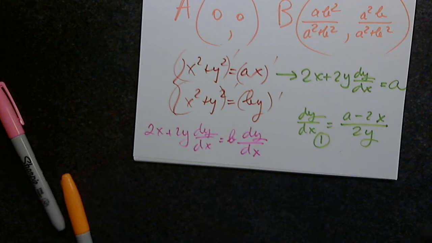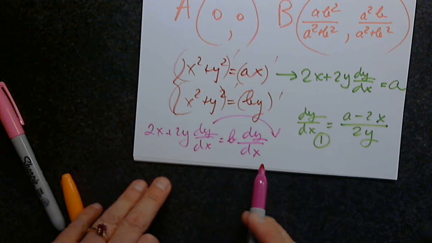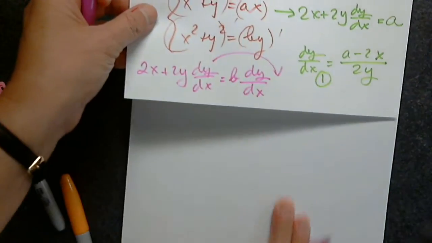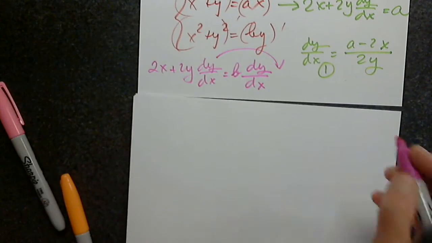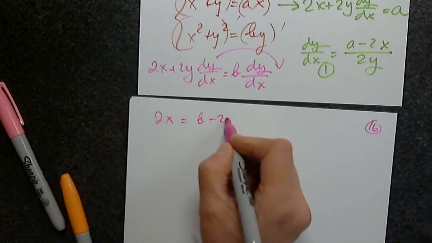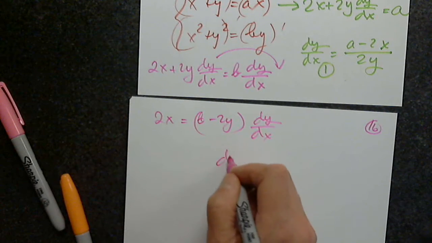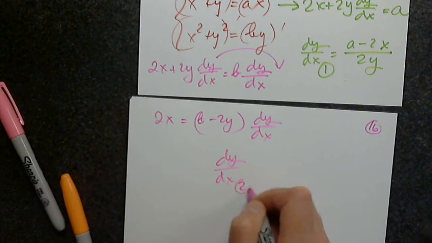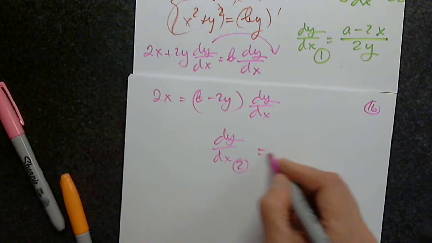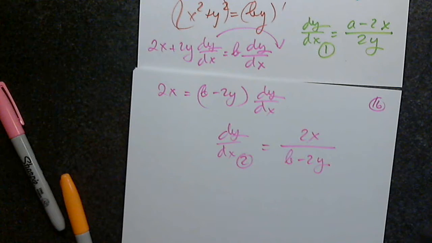So now I first have to move this term, factor out dy over dx, and then divide. So we have 2x equals b minus 2y times dy over dx, and dy over dx coming from the second curve is 2x over b minus 2y.